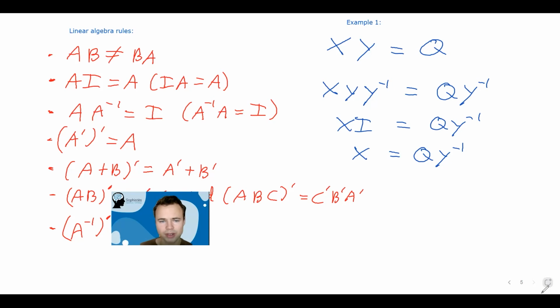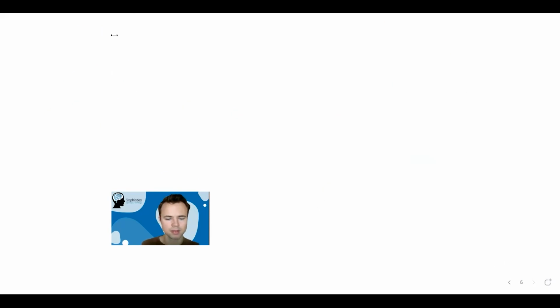Then here I will show you another example. What if I have the following? Z times x is y. Now I want to get rid of this z, right? Because I want to solve it for x.